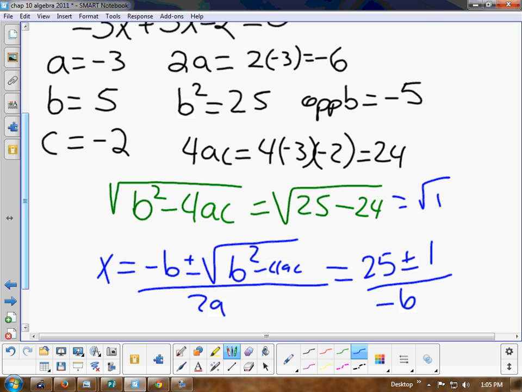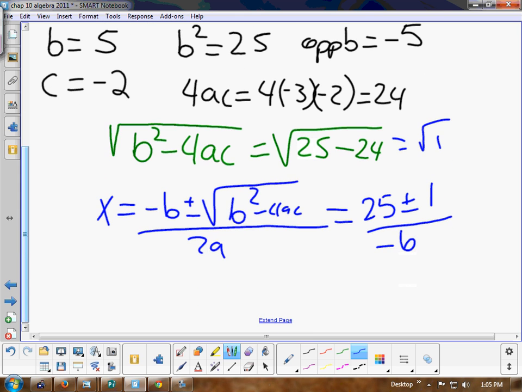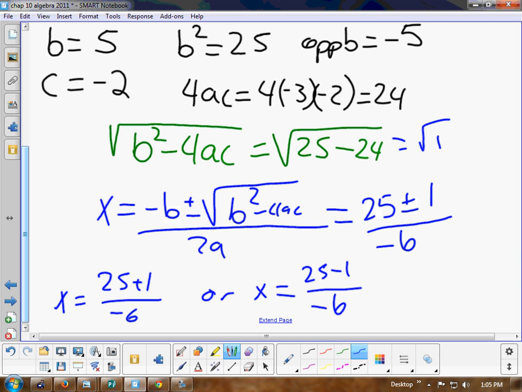So now you got to do some calculator work here. 25 plus 1 divided by negative 6 is one answer. What's the other answer? 25 minus 1 divided by negative 6.